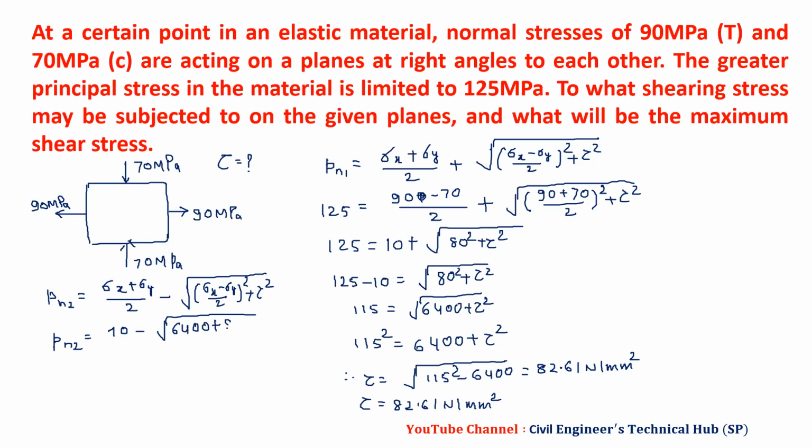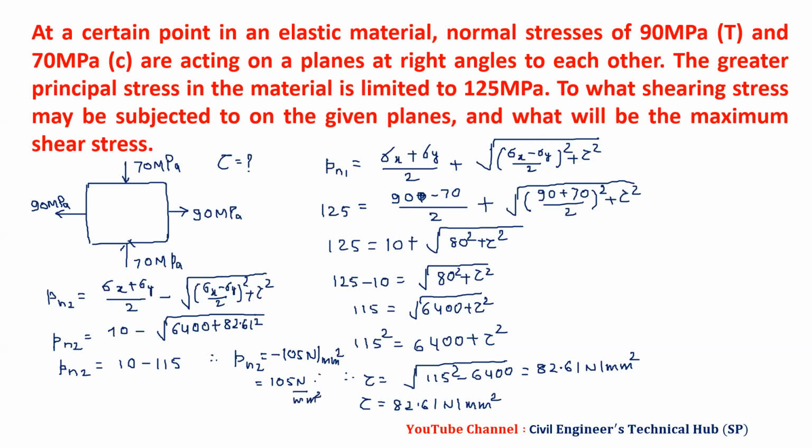Pn2 is equal to 10, already calculated, minus root of 6400 plus 82.61 square. If you solve this, you get Pn2 equal to 10 minus 115. Therefore Pn2 is equal to minus 105 Newton per mm square. That is compression.